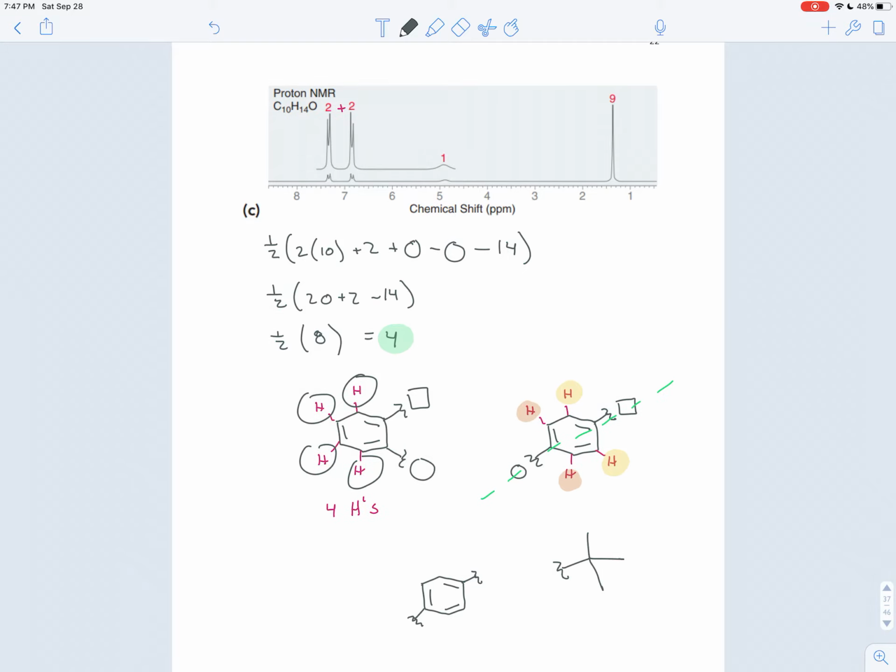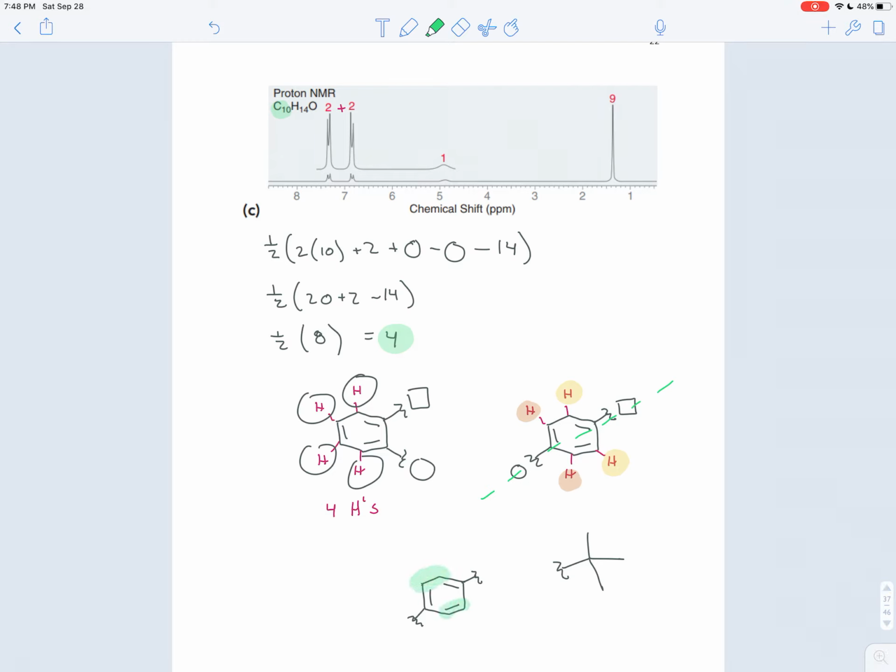Okay, let's think about how many atoms we've used so far and how many we have left over. So far we've used 6 carbons on the benzene ring, plus 1, 2, 3, 4 in the tert-butyl group. So we've used 10 carbons, so we have no carbons left over.